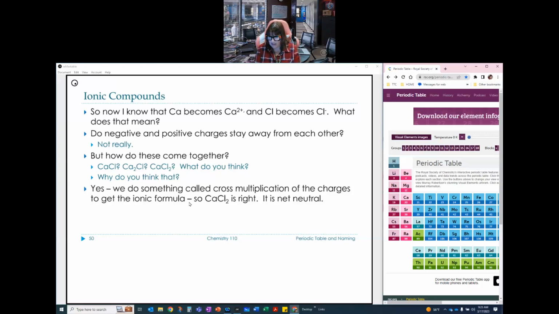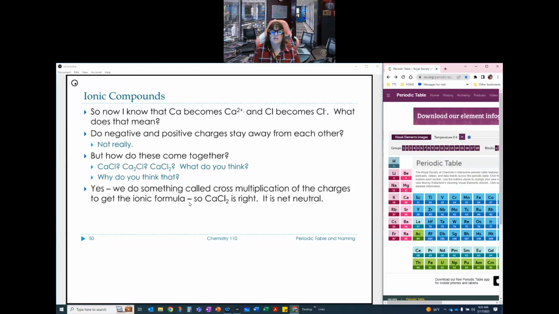So if I'm in the solid state, they're going to come together to make that a neutral. All right. When they do that, that has to be neutral, right? So it's not going to be a CaCl. It's not going to be a Ca2Cl. It's going to be a CaCl2 because I need to have 2 minuses to equal that 2+.